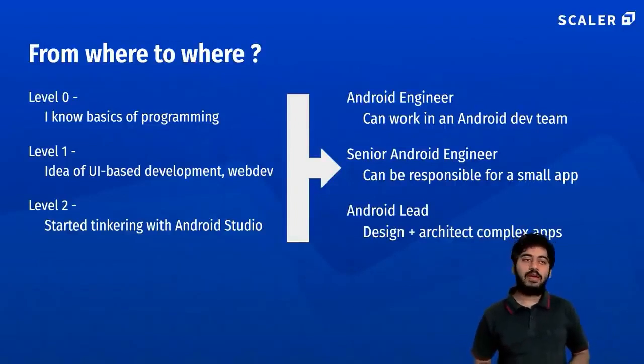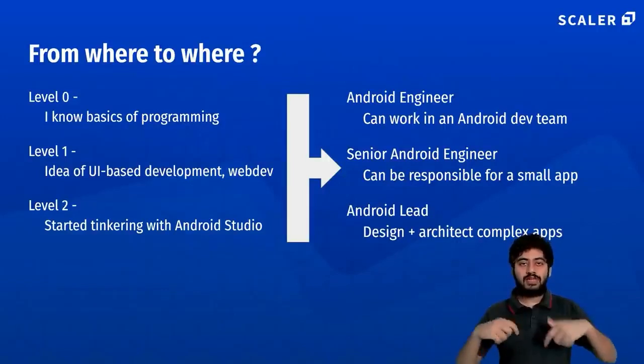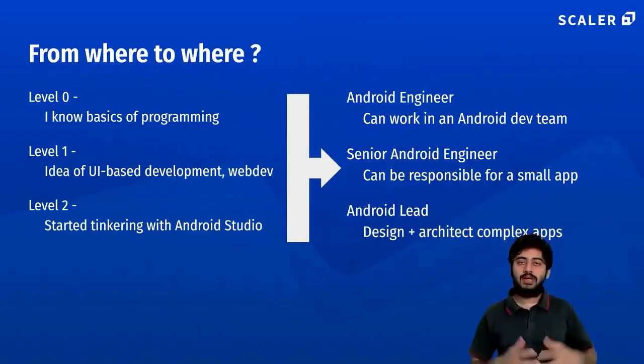And finally, the Android team leads or the architects or principal engineer kind of roles that we have. In that case, we are expecting somebody who can talk to product and business teams and understand what the requirement is, and they can visualize what has to be built inside the app. They can think of the larger architecture that needs to be done inside that app, and they can allocate that work to the team.